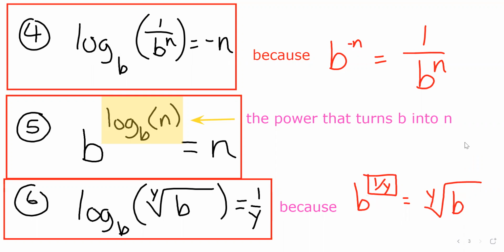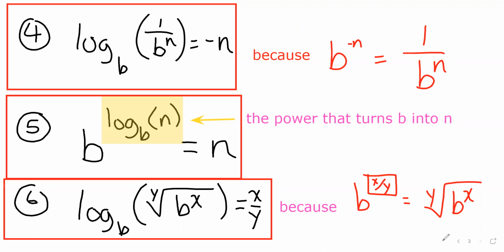Okay, so now that I've done that one, let's go ahead and put that x power back on the b, which means our numerator would be x. And over here in the checking statement, we would have x over y is equal to the y-th root of b to the x. So that one, if you know your exponent rule, it's pretty easy to flush out.